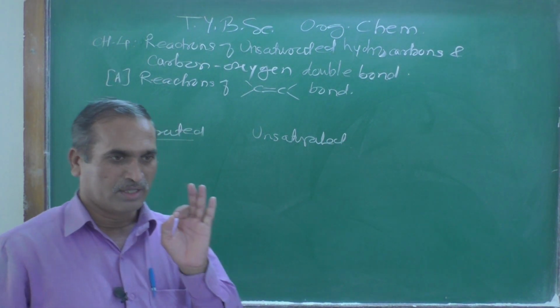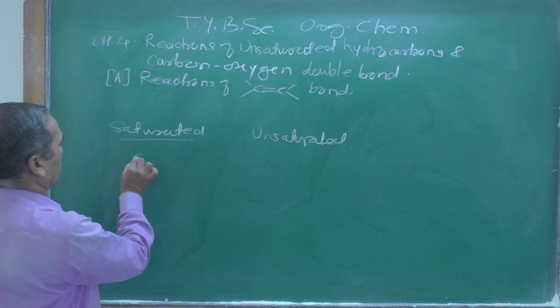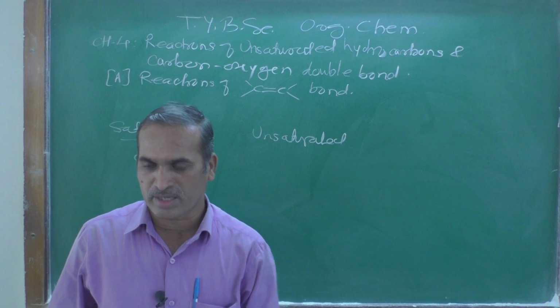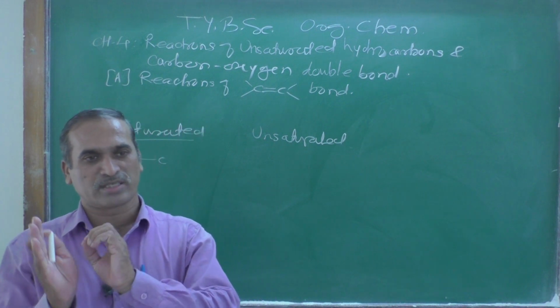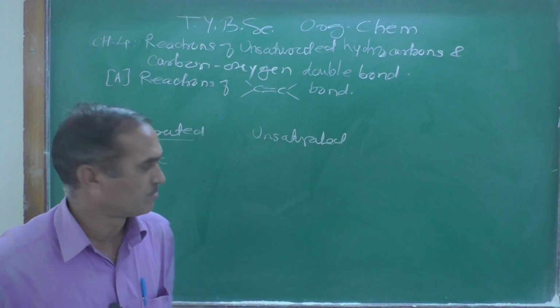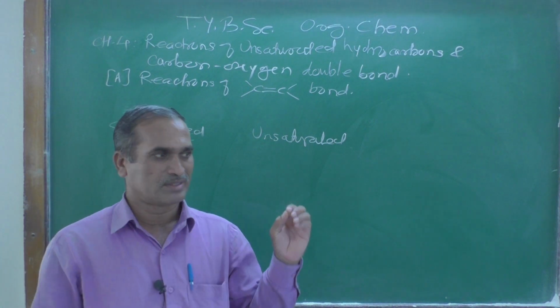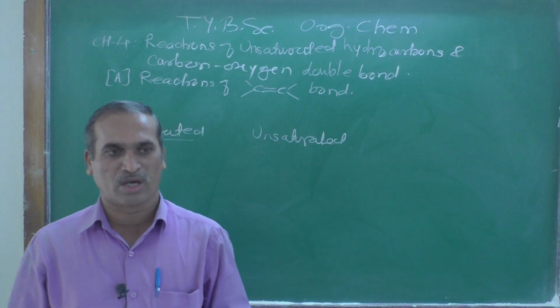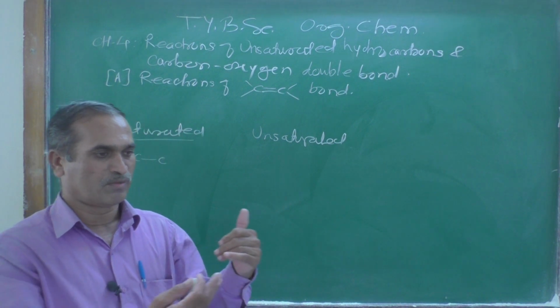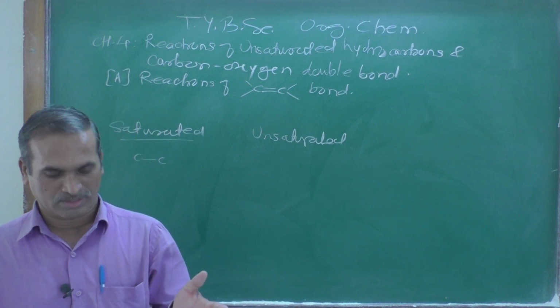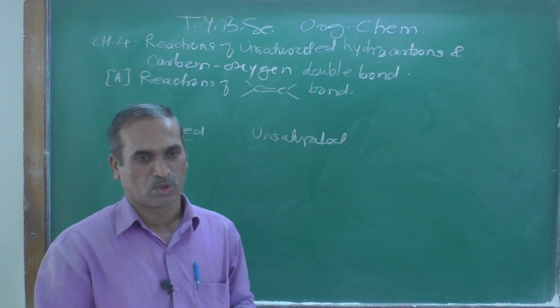Saturated means what? Theoretically, remember, those organic compounds containing carbon-carbon single bonds are known as saturated compounds. Understood? For example, methane, ethane, propane, methanol, ethanol, 2-chlorobutane, 1-chloropropane, or 2-chloropropane.